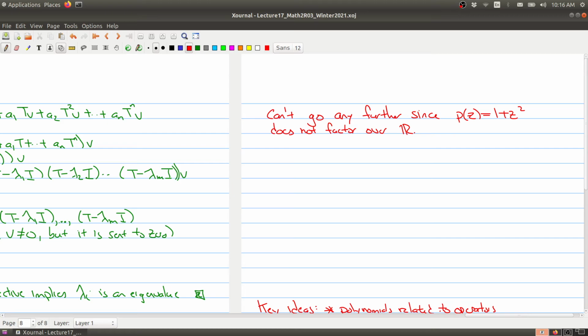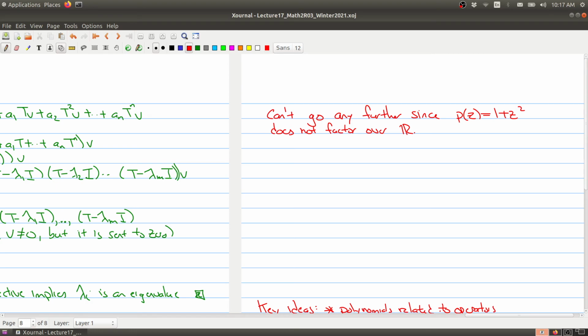So you can't use the fundamental theorem of algebra. So sometimes linear operators have eigenvalues, sometimes they don't, but if it's over the complex numbers, we always do have at least one eigenvalue.